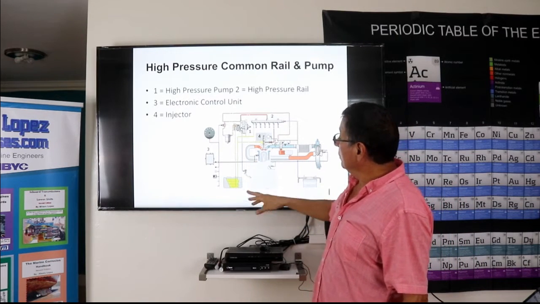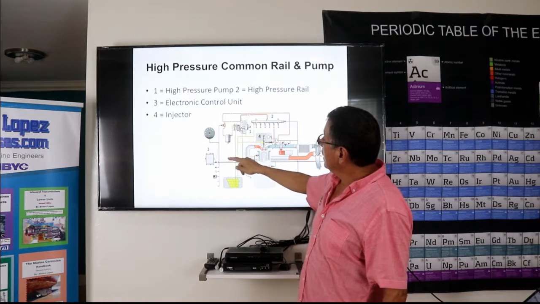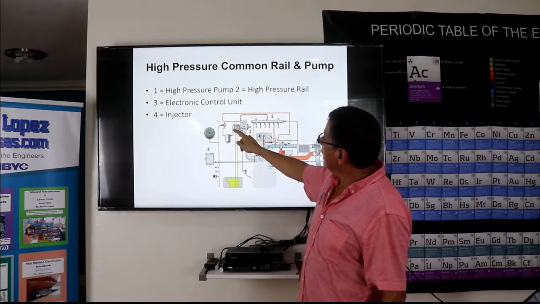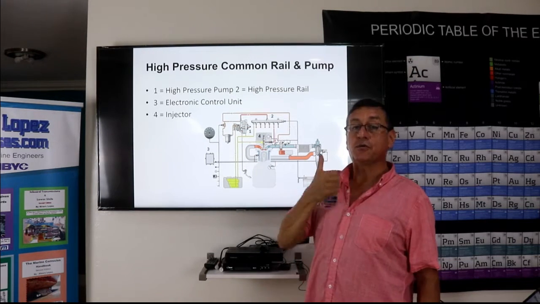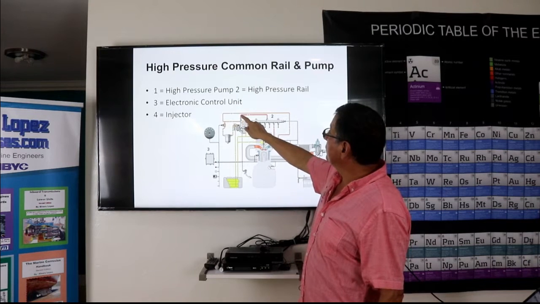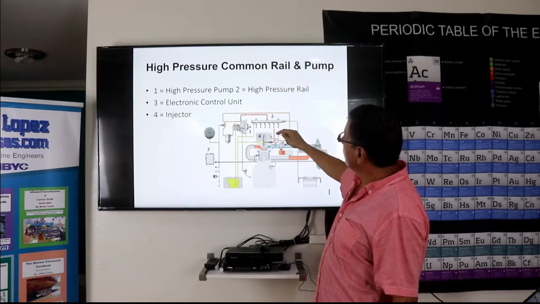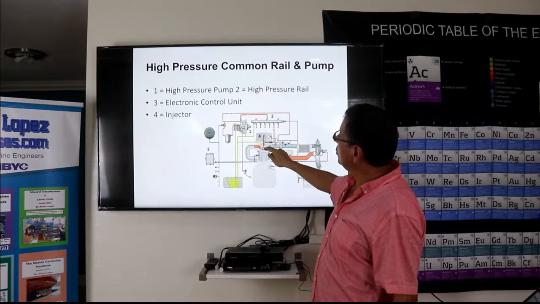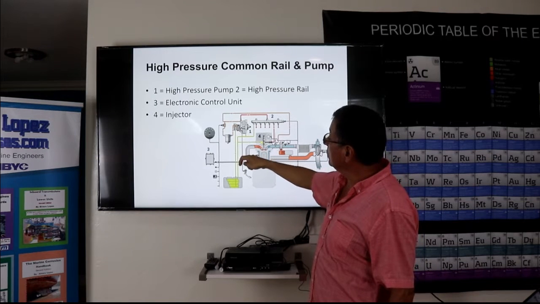Alright, and the fuel. We have the fuel tank, we have the transfer pump. The transfer pump brings the fuel, and the fuel enters the fuel injection pump. The fuel injection pump increases the pressure of the fuel to high pressure. The fuel enters with high pressure into the common rail, and from the common rail the fuel enters each injector. Each injector has an input on one side and a return on the other side.